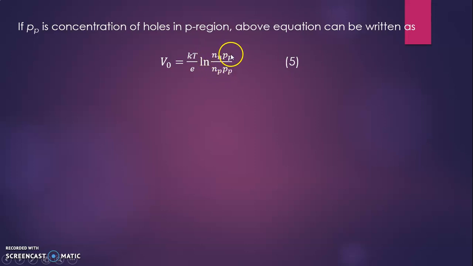In addition to that, we are multiplying this term by p suffix p and dividing by p suffix p, where p suffix p is the concentration of holes in the p region, n suffix n is the concentration of electrons in the n region, and n suffix p is the concentration of electrons in the p region. Let this be equation number 5.